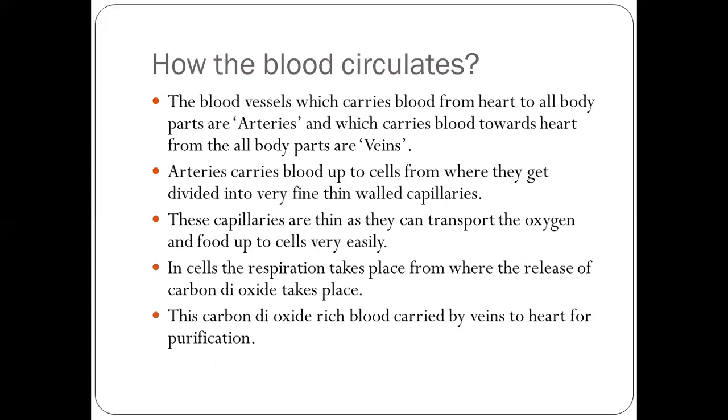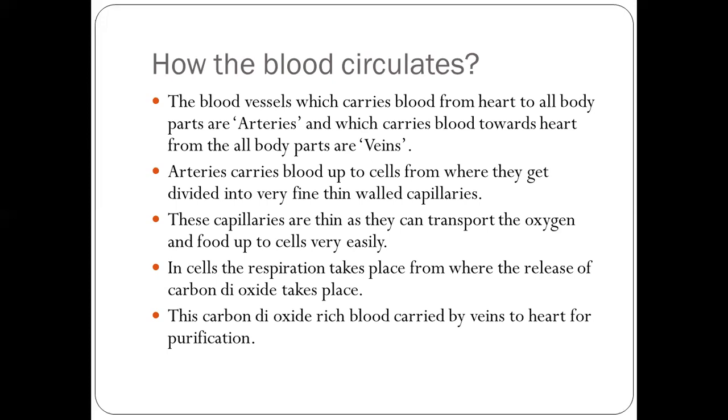Arteries carry blood up to the cell, from where they get divided into very fine thin capillaries. As we all know, the cells are very thin and very small. So to supply the blood there, we need very thin and very small vessels.